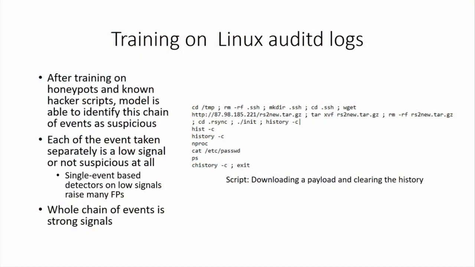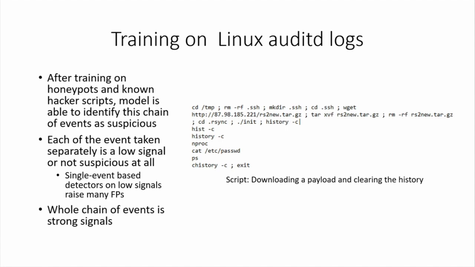After we validated this approach on the Windows security events, we also wanted to have an overview of how it performs on other types of logs. This is why we also created a POC on Linux auditd logs. We did the same step of finding labels using honeypots, and we also trained on non-hacker scripts. Then we trained a model very quickly.